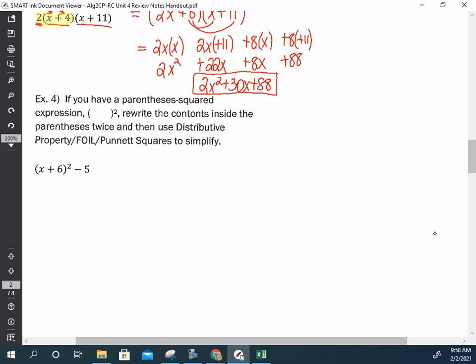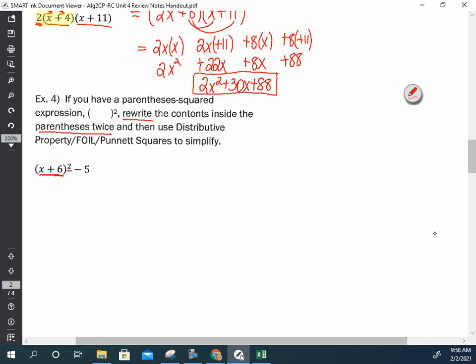If you have a parentheses squared expression, so in other words, you have something in parentheses raised to the second power, rewrite the parentheses twice, and then you do the distributive property, FOIL, etc. I've seen a lot of people get this problem wrong time and time again, and it's because of one simple mistake.